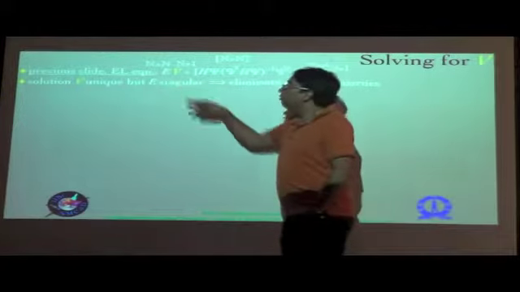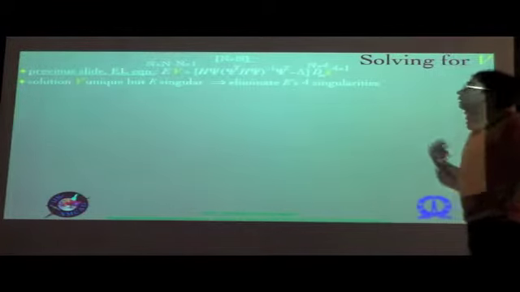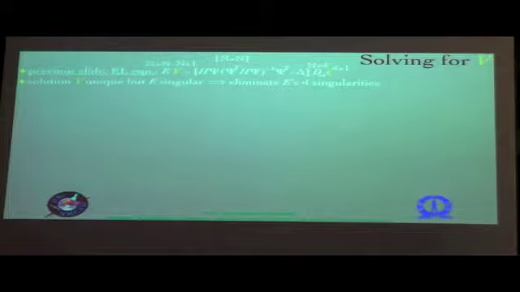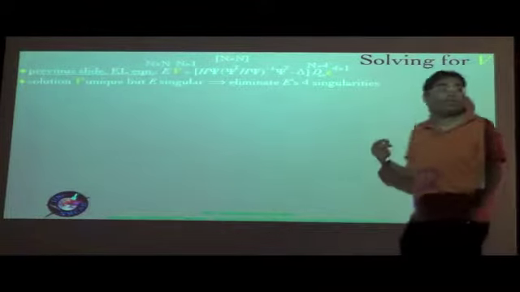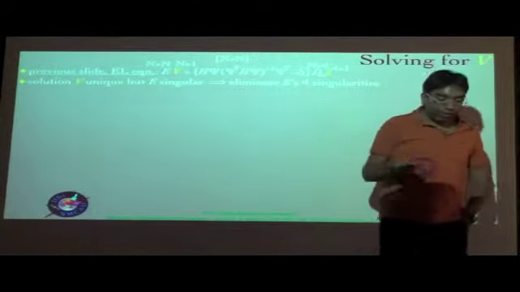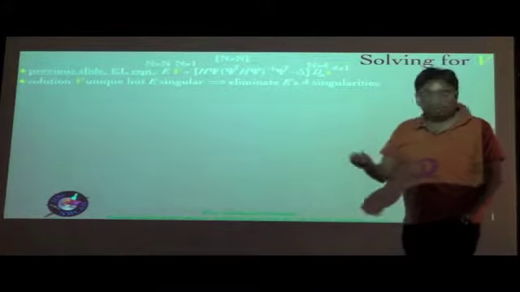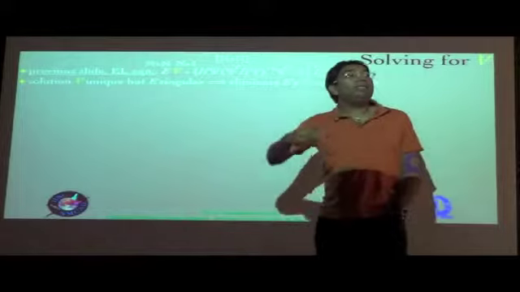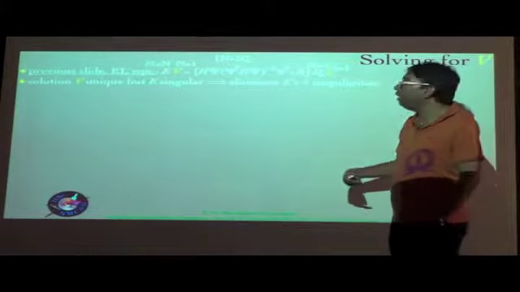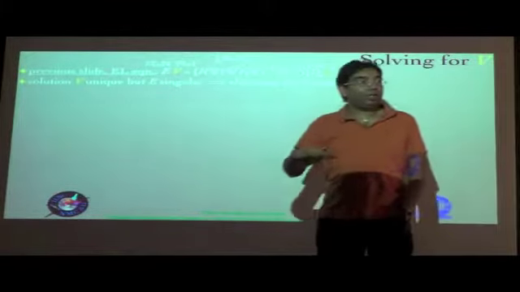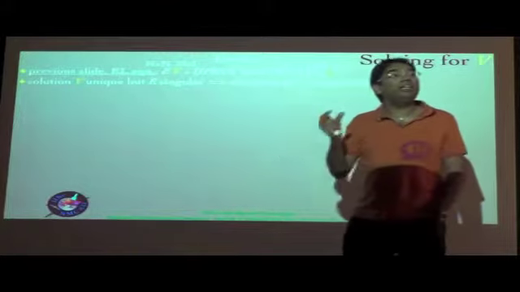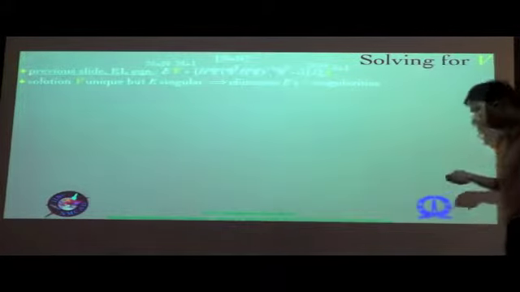Now the solution for V is unique, but as I said, E is singular, so we have to eliminate the 4 singularities of E. That can be done in any arbitrary way to get an intermediate solution, which is not the solution that we are seeking for V, but we can use that intermediate solution to get the actual unique solution for V. That's basically what we will do.